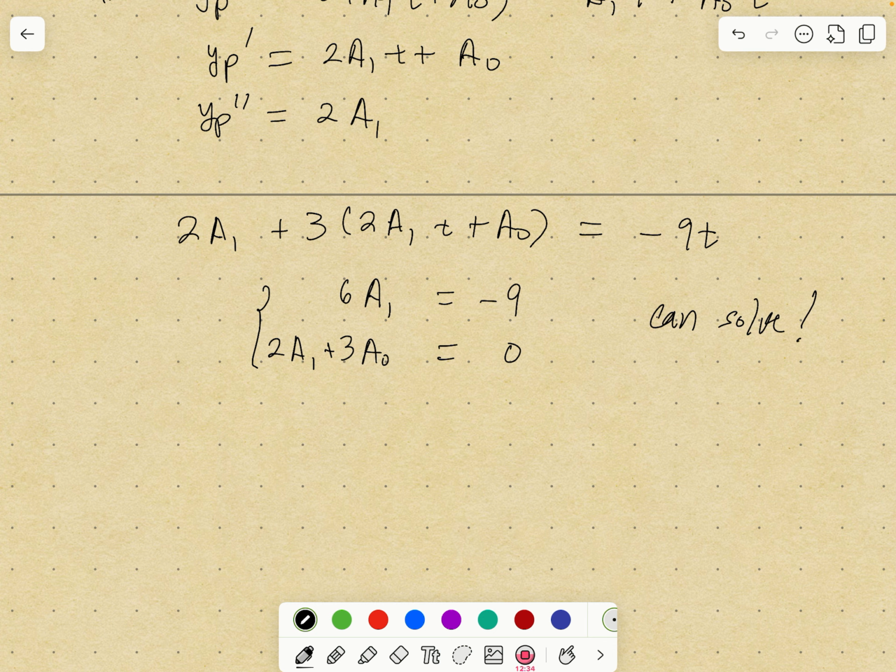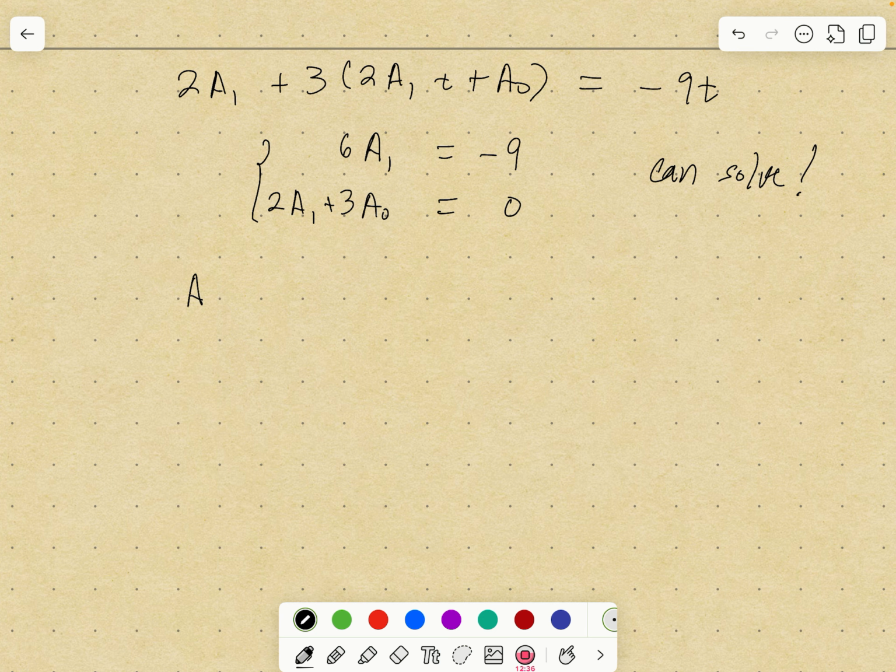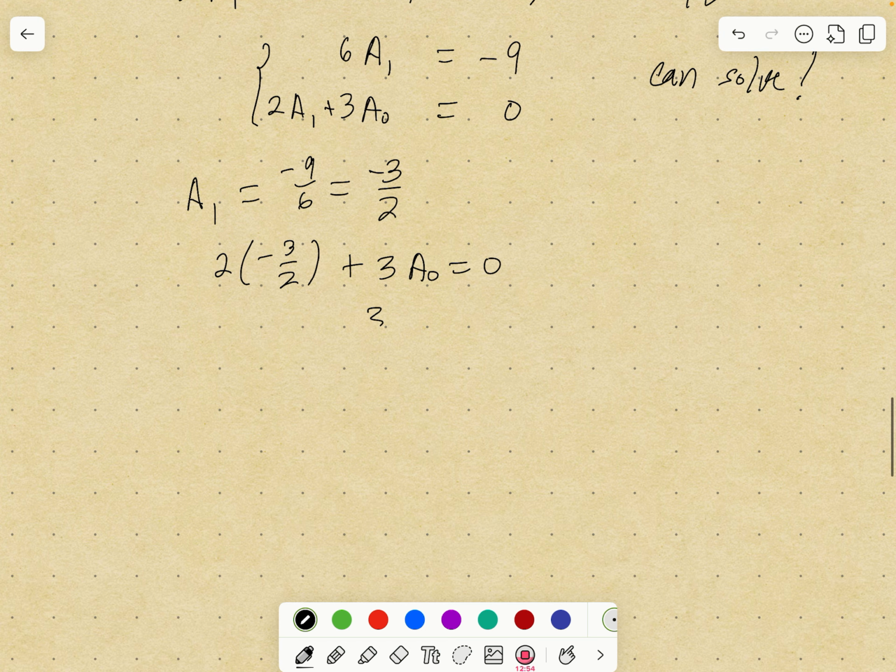We can solve this. We get that a1 is negative 9 over 6, and that simplifies to negative 3 over 2. And then to find a0, you just plug it into the second equation. So you get 2 times negative 3 over 2 plus 3 times a0 is 0. And that, 3a0 equals 3.